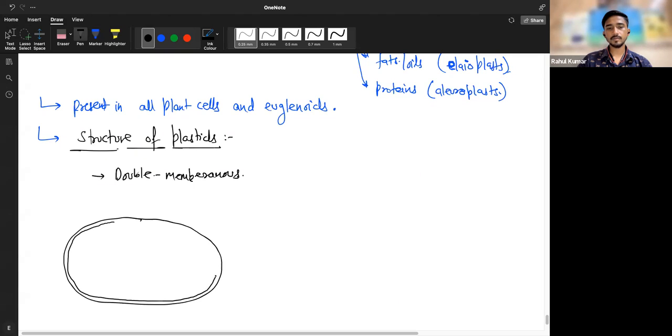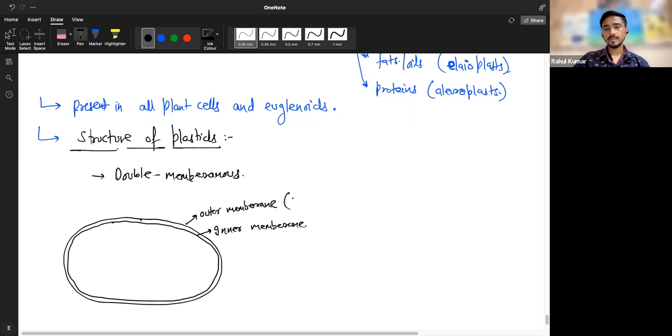This is the difference between plastids and mitochondria. Between the outer membrane and the inner membrane, there is very little space.